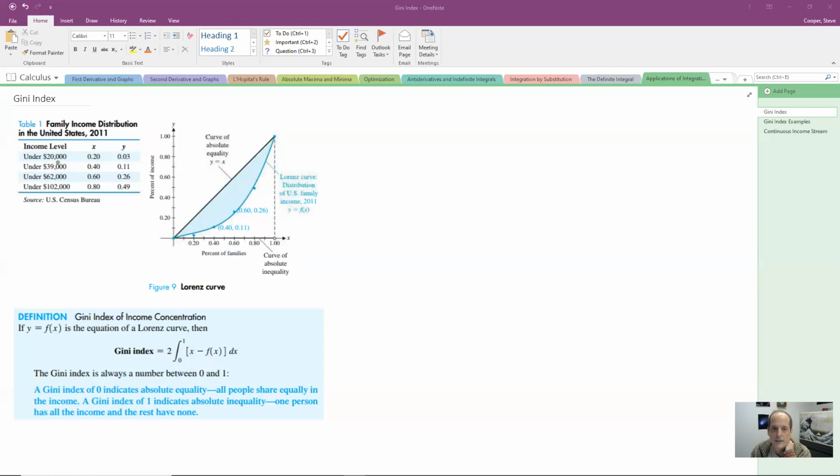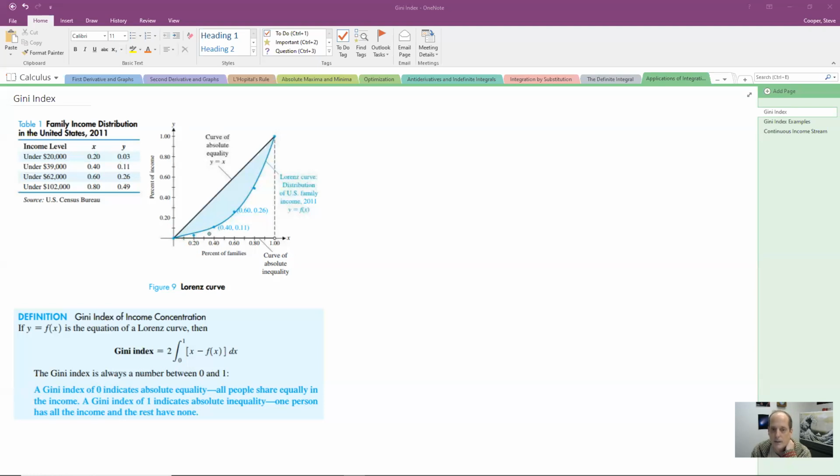So for an income level under 20,000, that's 20% of the population, but they're only utilizing 3%, way down here, of the income or the wealth in that country. And at 40% of the population, we're looking at around 10 or 11% of the income distribution.